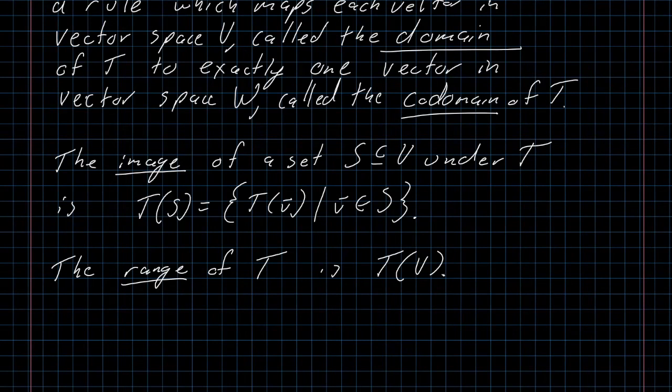The reason that we care about codomain, the reason that we have to introduce this extra bit in the middle, is because unlike courses that you've taken previously, where every function took on a real valued input and gave out a real valued output, the domain and the codomain were both the real numbers, we have a lot more flexibility here in the definition of a linear transformation, and so we want to have more language to talk about it.